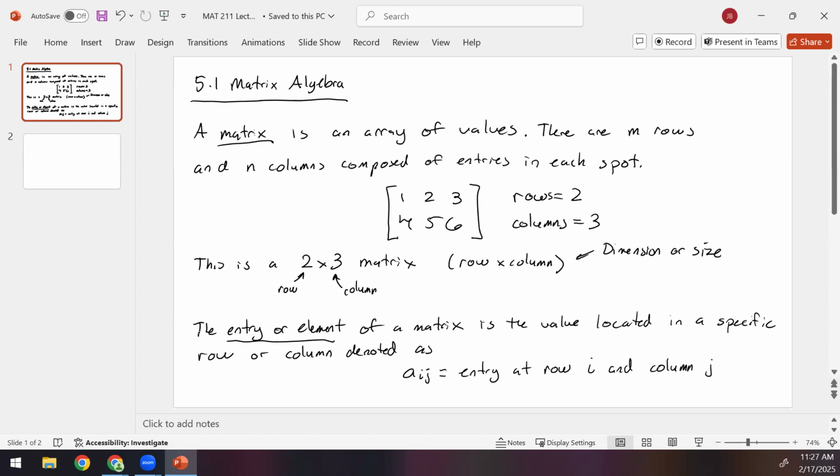So that's how we're going to say what entry is in row 2, column 3, right? So this is how we're going to describe that idea.